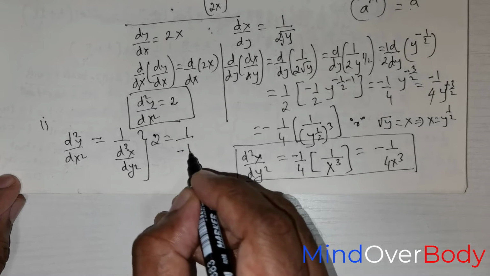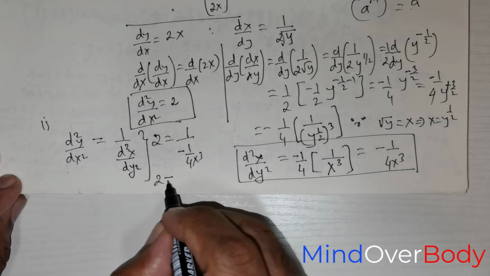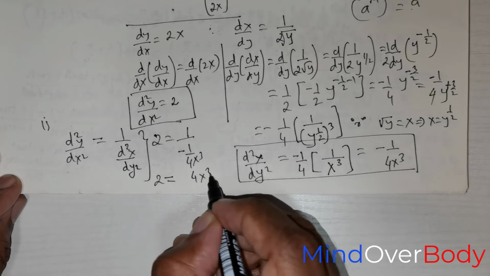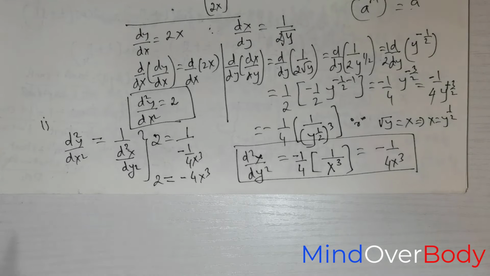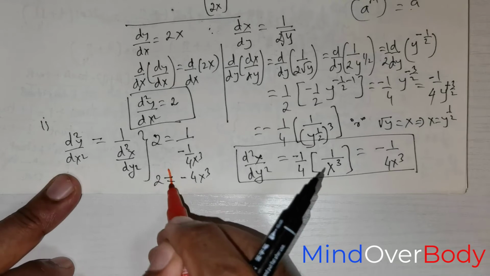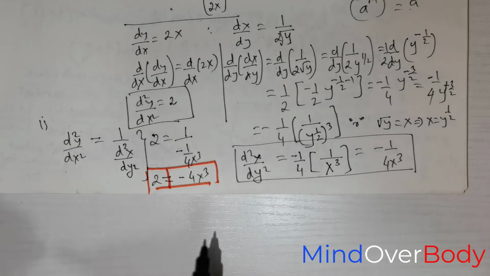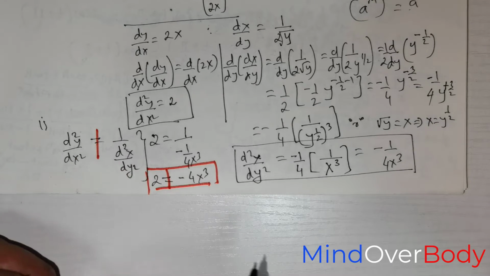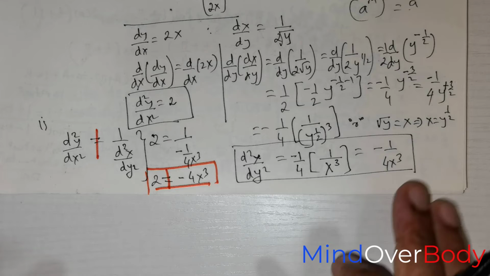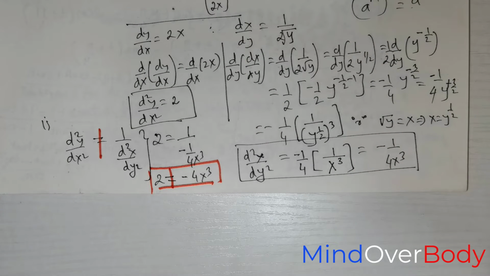That's nothing but negative 1 over 4 times x cubed. So when you flip it, you get 2 is equal to negative 4 times x cubed. Are they equal? The answer is no. Right? So clearly I have just shown you these two results, that this is not equal while the former case holds good. So having established these two very important results, we will move on, students, to do other questions.